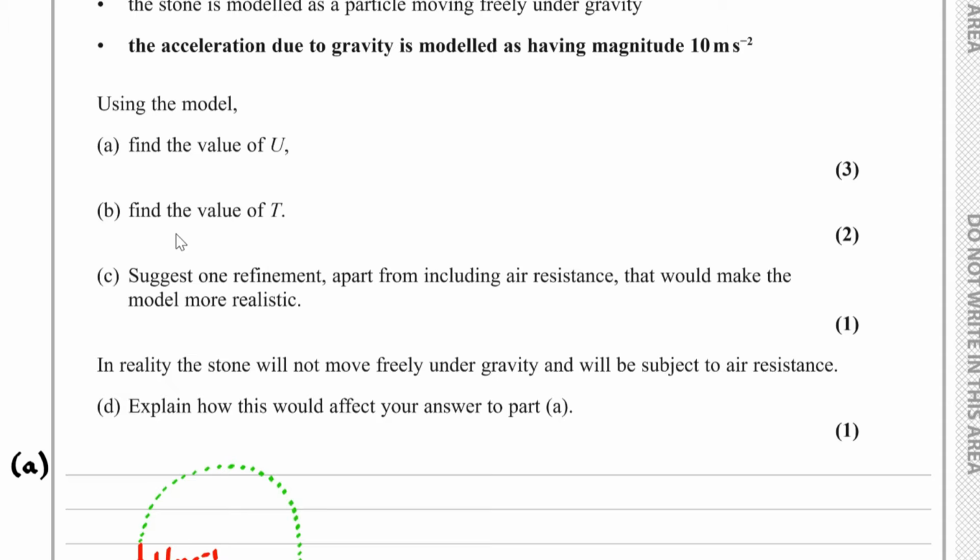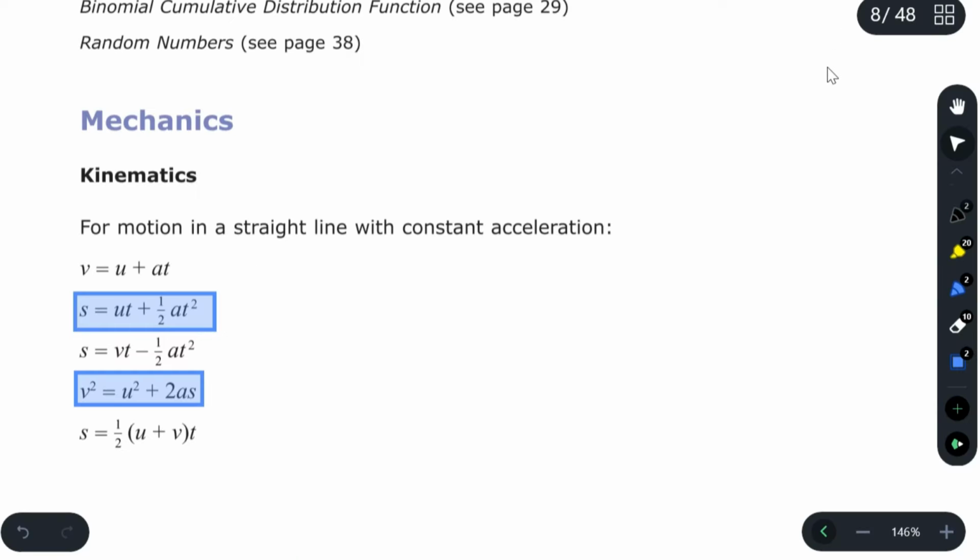Then for part B, we have to find the value of t. We can find t using s equals ut plus a half at squared.